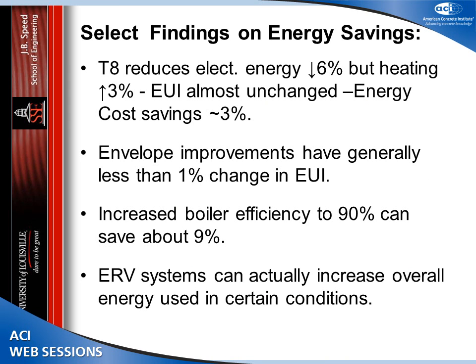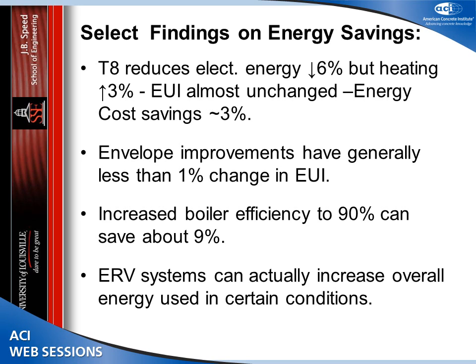In general, I'm going to go through a summary right now of the energy use reductions that we get. If you looked at the reduction or the change out in the lights, what was interesting is we got a 6% reduction in the energy that was used for the lights, but the heating energy went up.